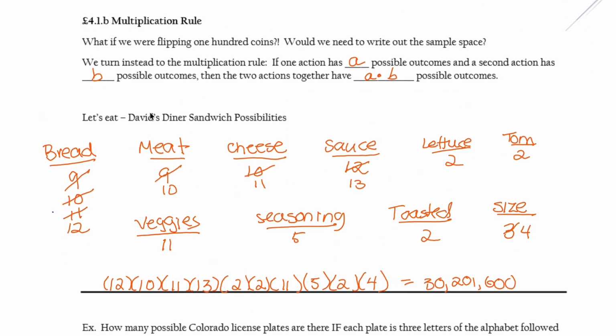So let's take a look at David's dinner sandwich possibilities. Those are the materials that I think would be included in a sandwich, like bread, meat, cheese, sauce, lettuce, veggies, and so on. And we just did a fun experiment in class. We asked how many people would want each kind of material in their sandwich, and we recorded the number.